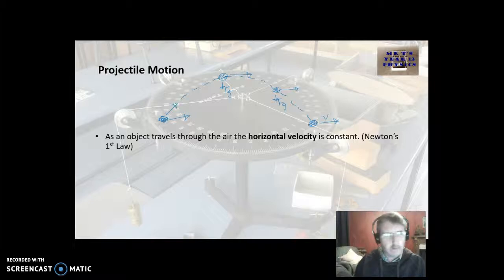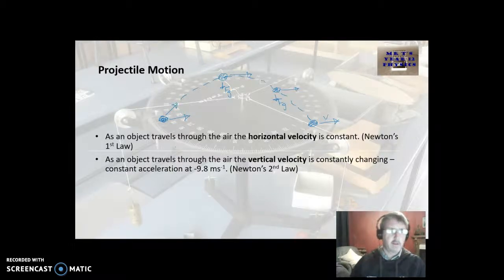It's the same at any time. If I took an instant, v is always constant, so I just use v to represent it. So it's obeying Newton's first law. Because horizontally there are no forces speeding it up or slowing it down, the object will continue in motion at the same speed forever. And we assume that because we assume there's no friction.